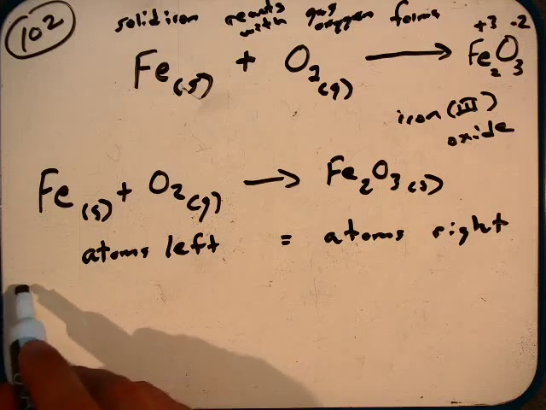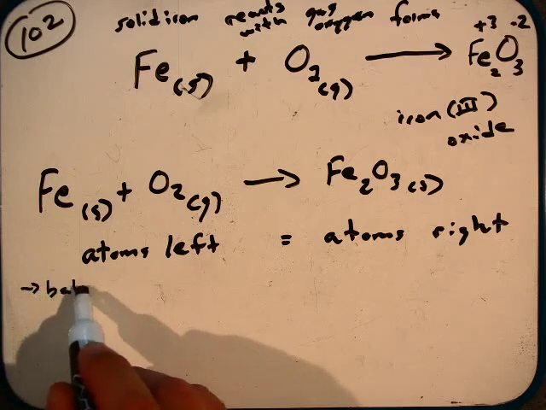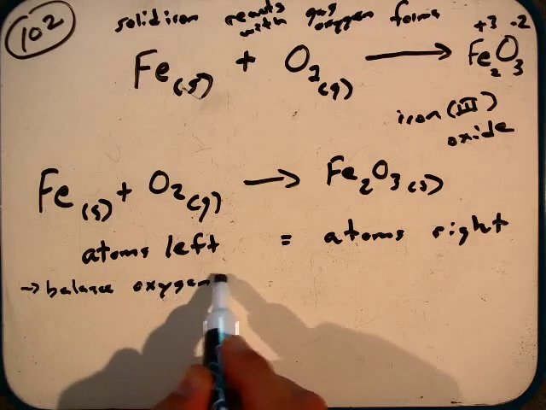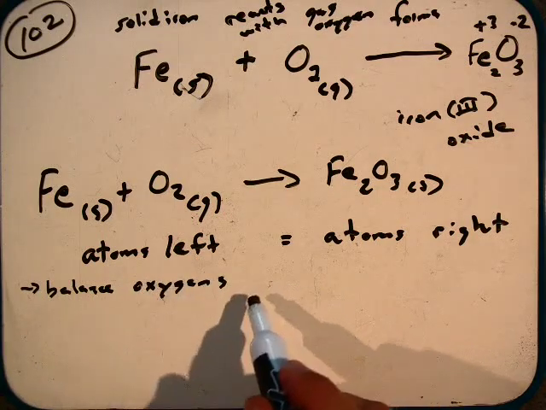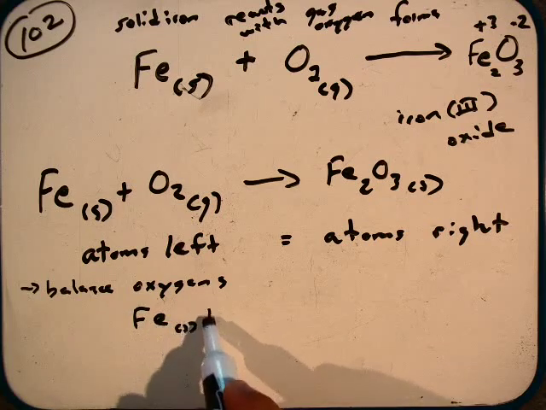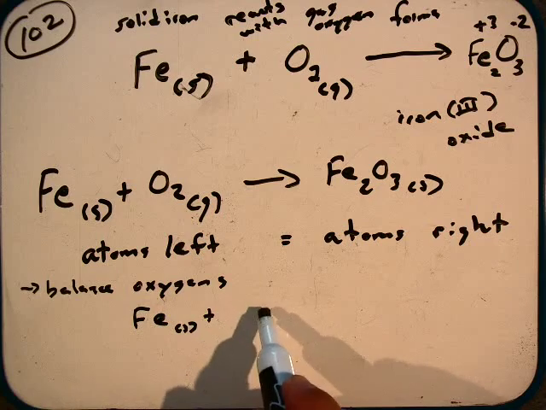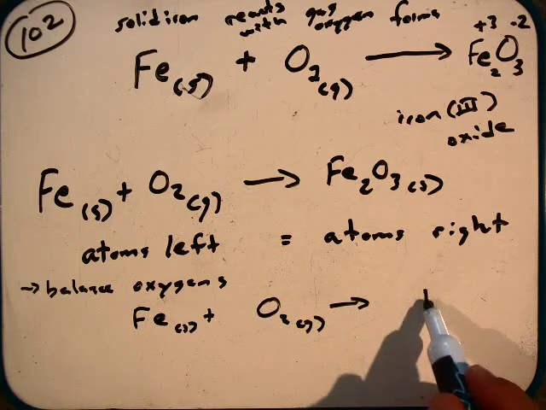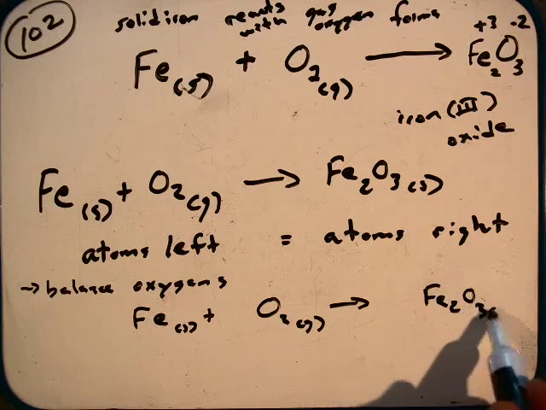And so to begin, I'm going to first balance my oxygens. And so if I do that, I get our iron solid plus O2 goes to Fe2O3 solid.